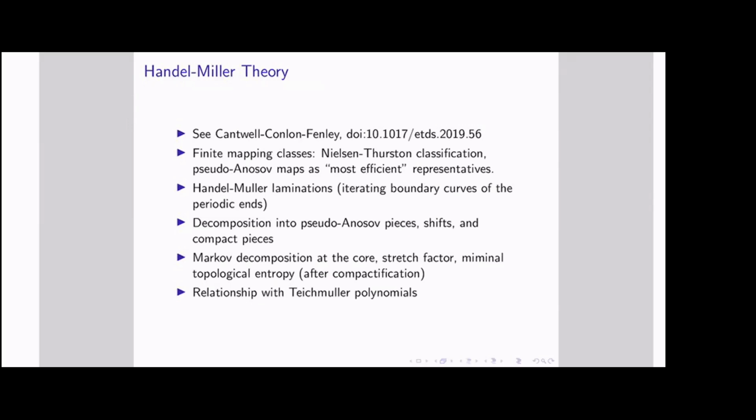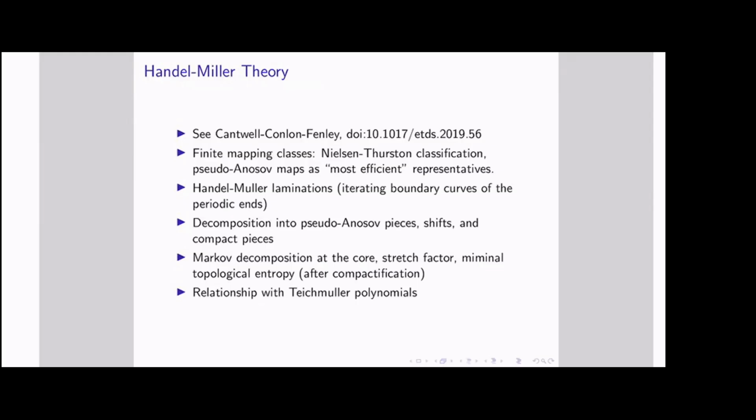We can also think about this Nielsen-Thurston classification as a way of having a normal form of the mapping classes. Once we have a mapping class, we have a homotopy equivalence from the surface to itself, but the homotopy equivalence can potentially be realized by many different possible homeomorphisms.